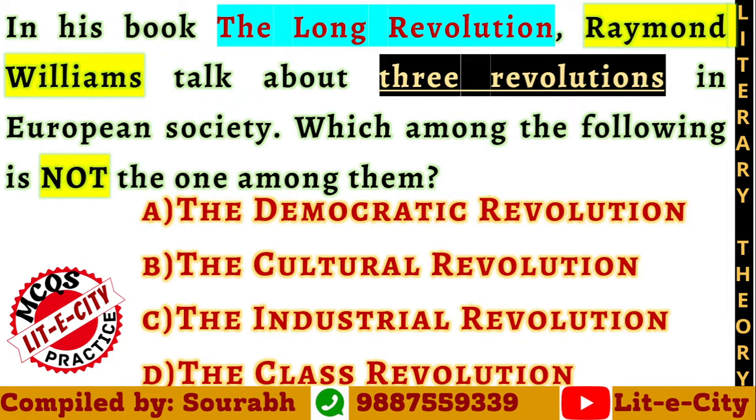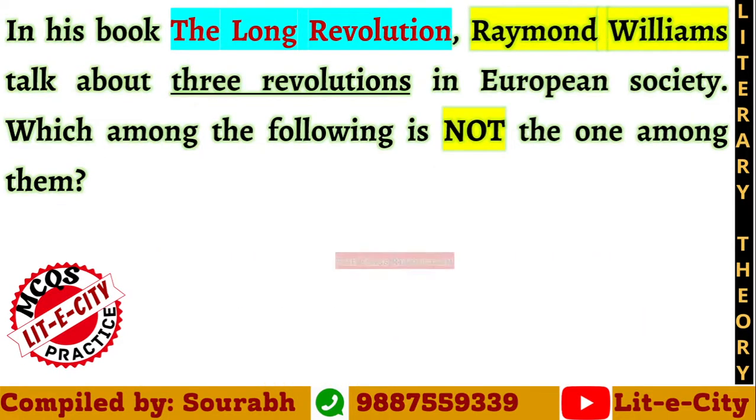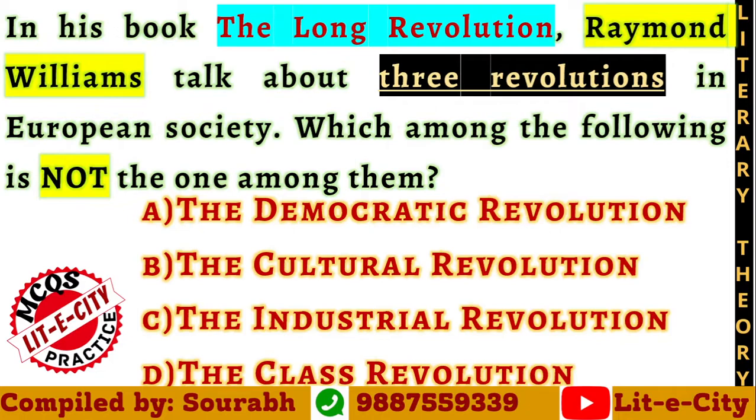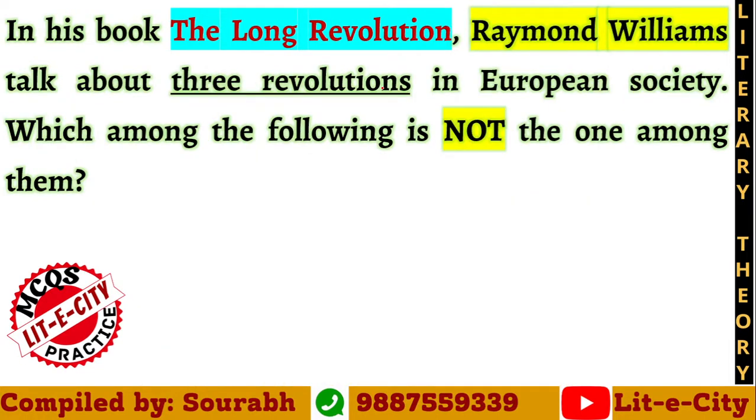Raymond Williams, the famous name, has given so many concepts and talked about so many things, and he talks about three revolutions. Out of these, the one which is not part of his study is the class revolution. Yes, dear friends, he talks about the democratic revolution, the cultural revolution, the industrial revolution, but not the class revolution.